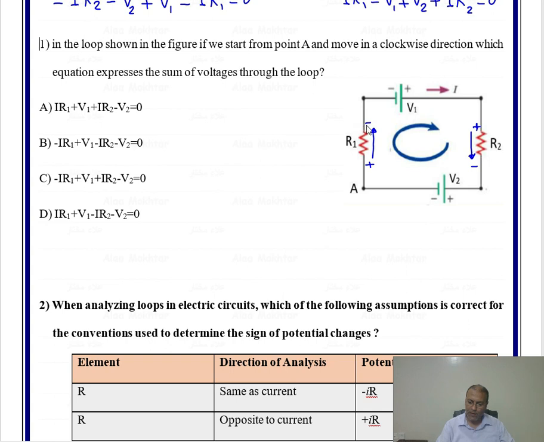Out of this element negative, I multiply R1. Out of this element positive, V1. Then negative, I also multiply R2. Negative V2 equal to 0. This is the equation. We can select the correct choice.